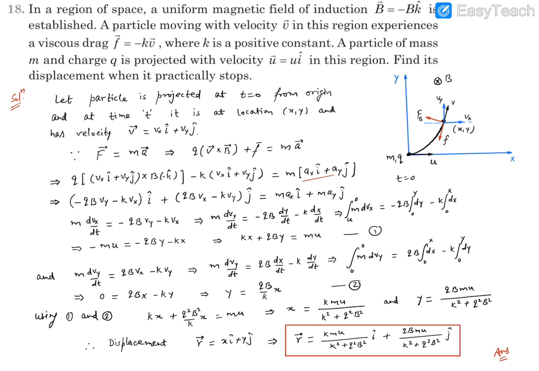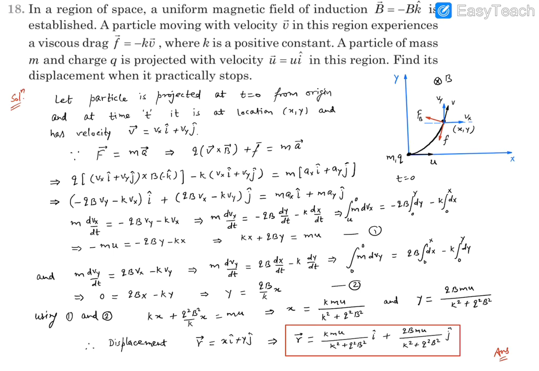Now we can simplify the left hand side, that means we can do this cross product. When we do this cross product, it's going to be qB, and then crossing this with this, it's going to be i cross k with a minus sign, so that's k cross i, which becomes j. So basically we will have q vx B in the j direction, and there was a k vy, so there is a minus k vy j as well, so this is the j component.